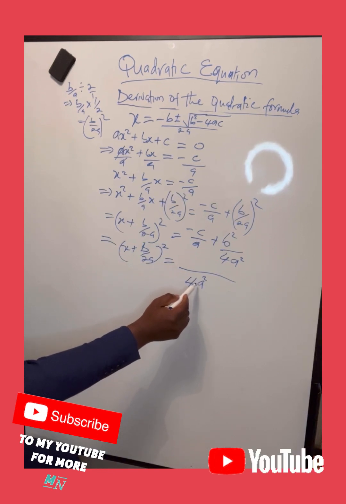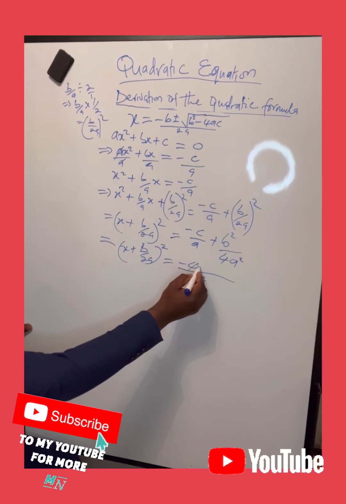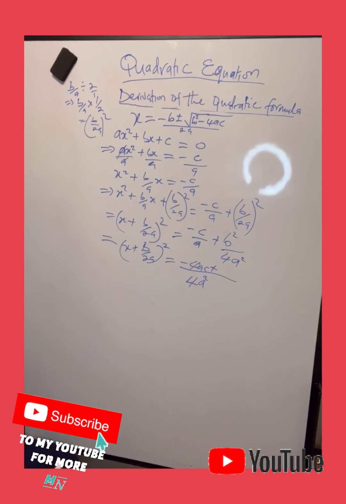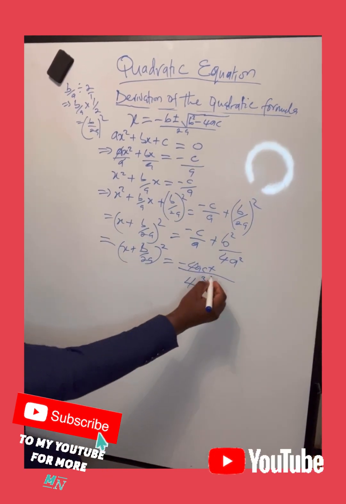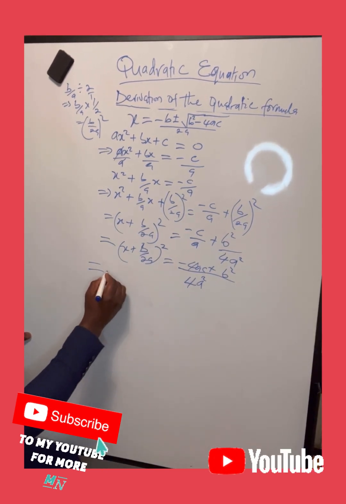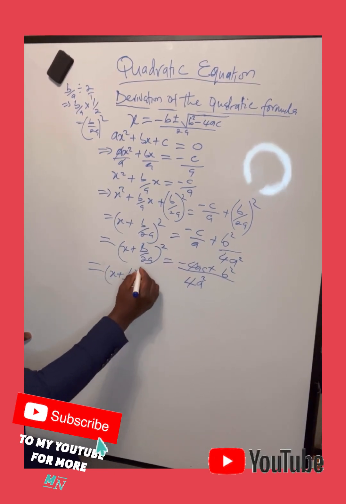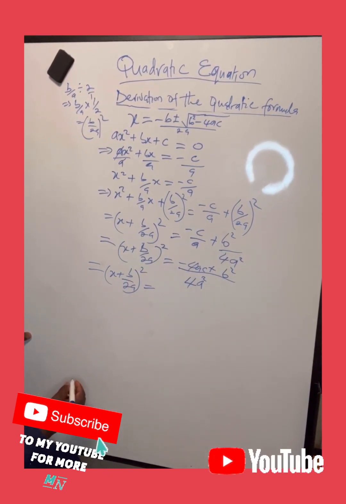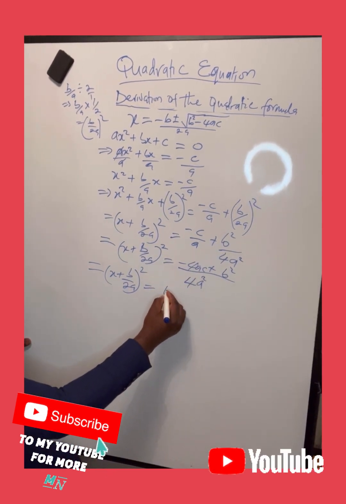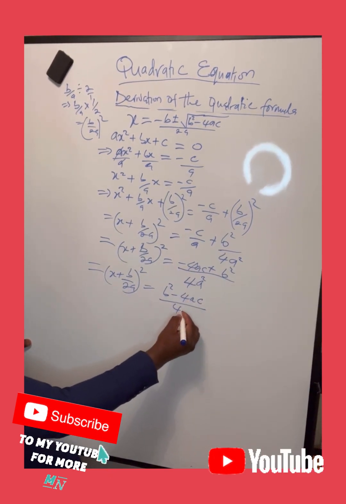It will remain 4a. 4a times minus c gives me minus 4ac, plus 4a squared divided by 4a squared, which is 1. 1 times b squared is b squared. So x plus b over 2a all squared is equal to, and I'm going to rearrange the numerator to have b squared minus 4ac divided by 4a squared.